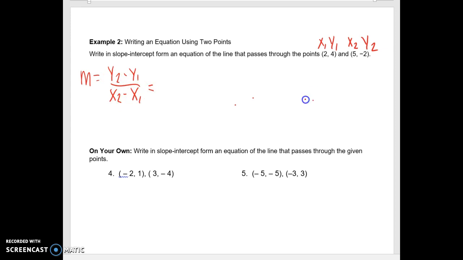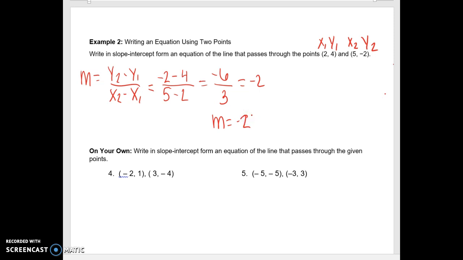So my y2 is a -2, my y1 is a 4, x2 is 5, x1 is 2, -6 over 3, which gives me a -2. So my slope, I'm going to erase these little dots, is a -2.